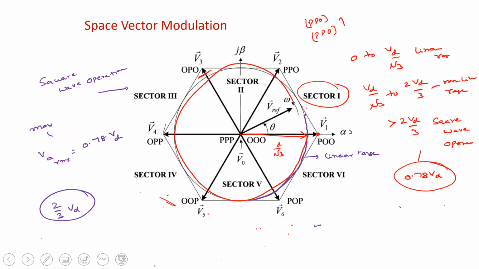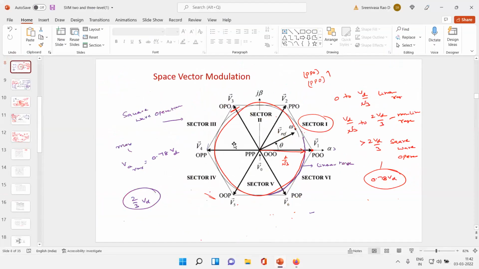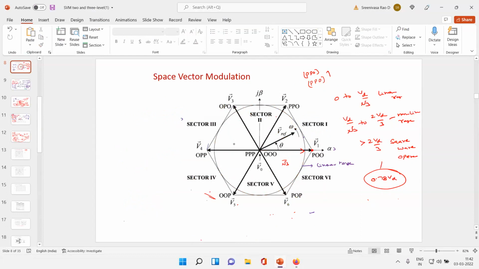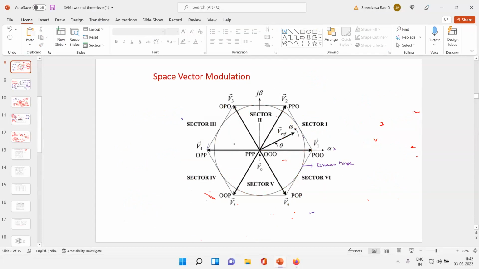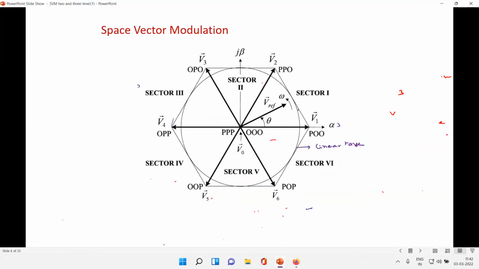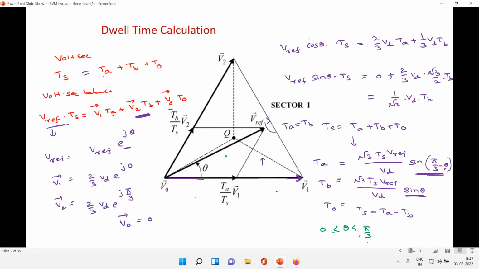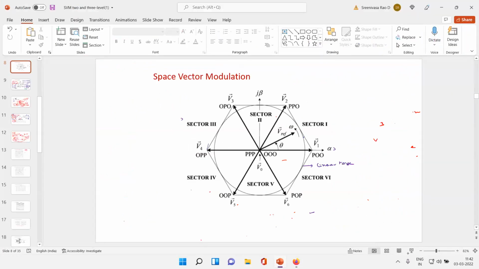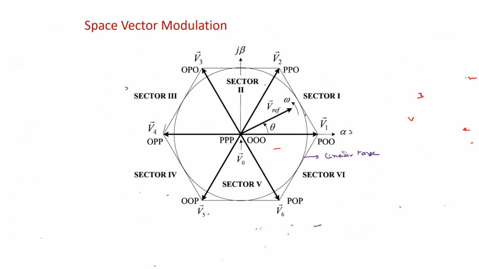If you closely observe how exactly these are placed, for example, this is PP0 and this is P00.